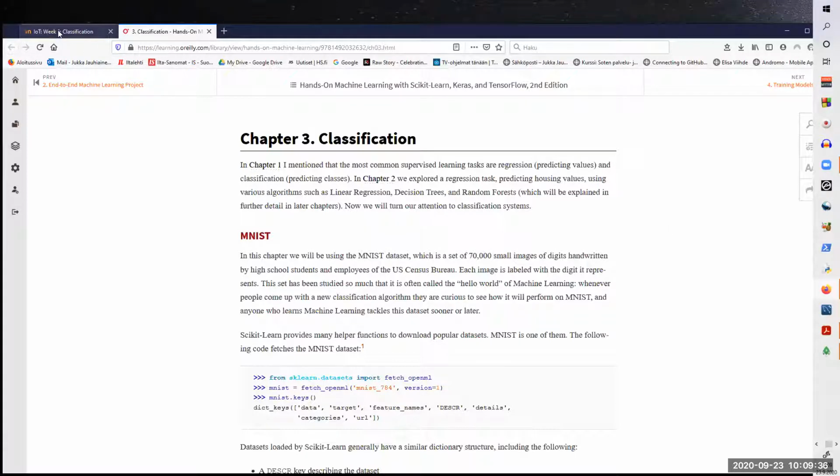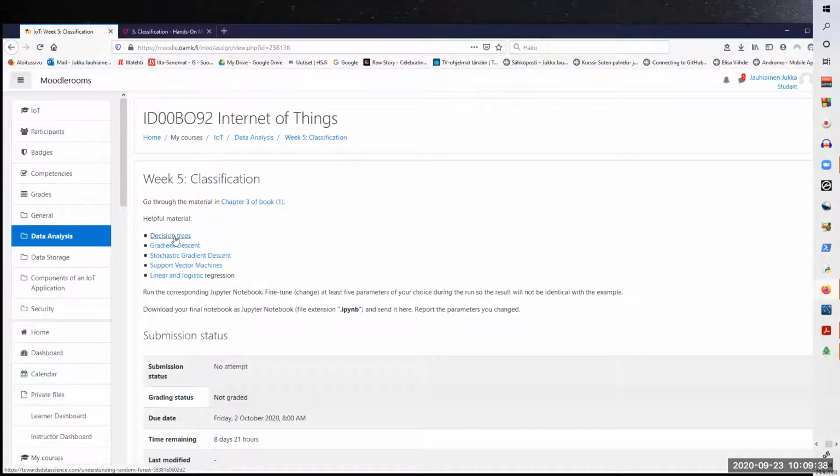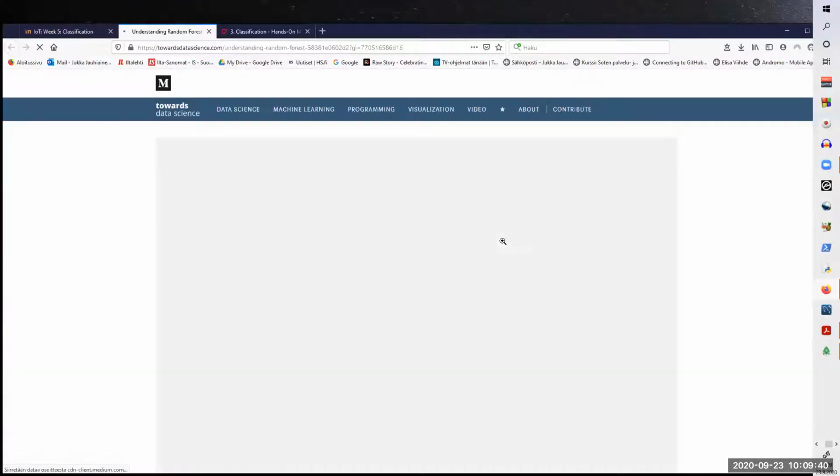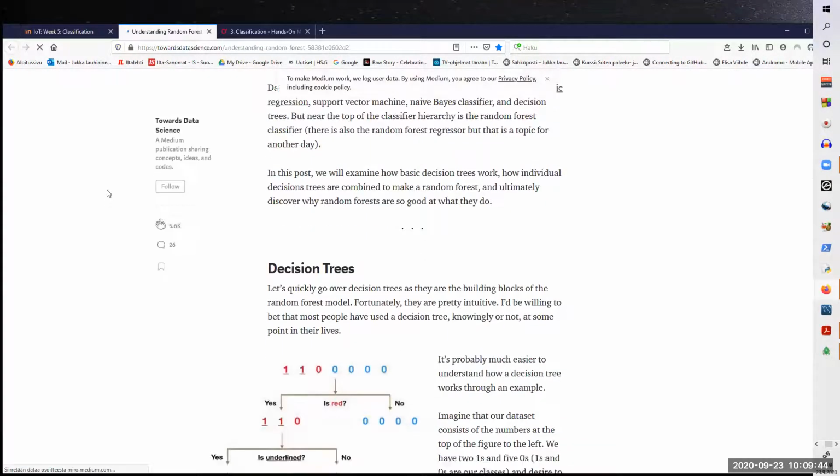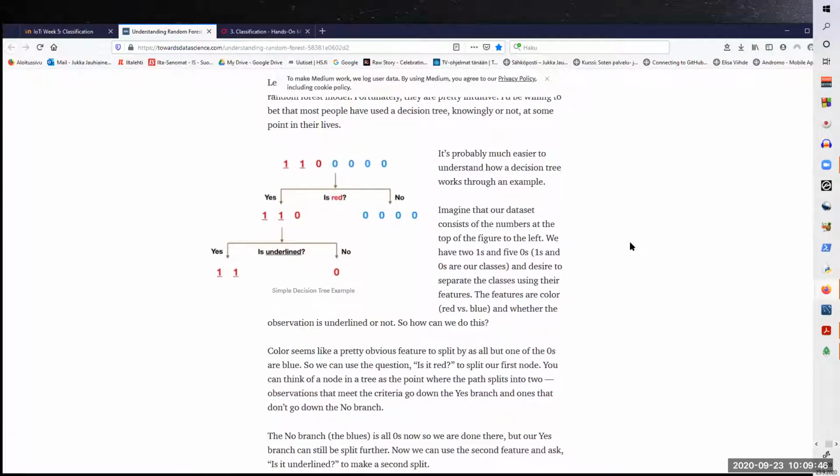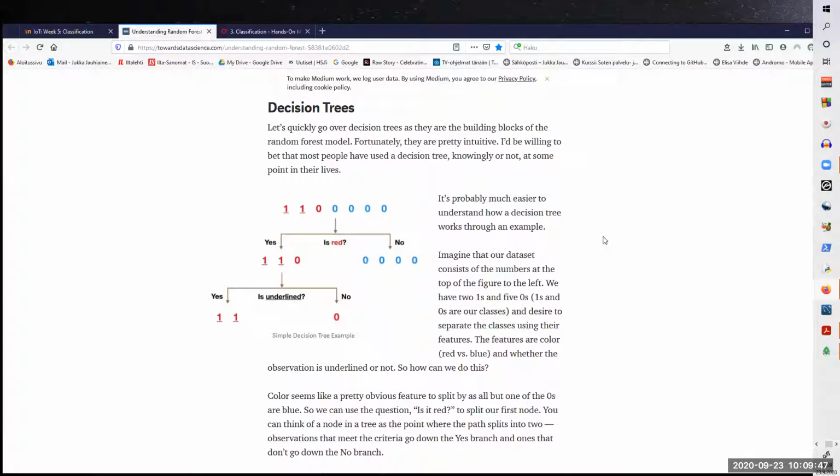So here are links, what they mean. So decision tree is a very simple thing in principle. So you make a choice, you have one possibilities, yes or no, and then you can have more complicated decisions depending on the problem.